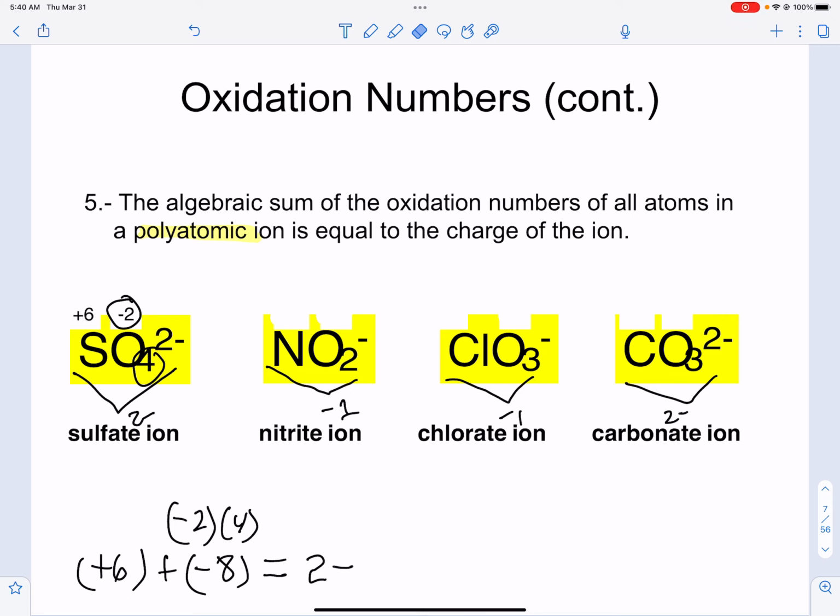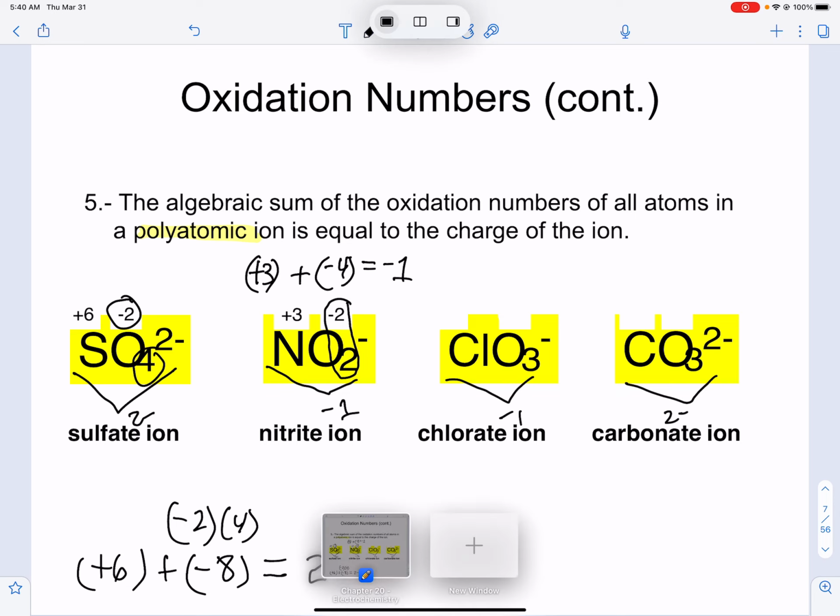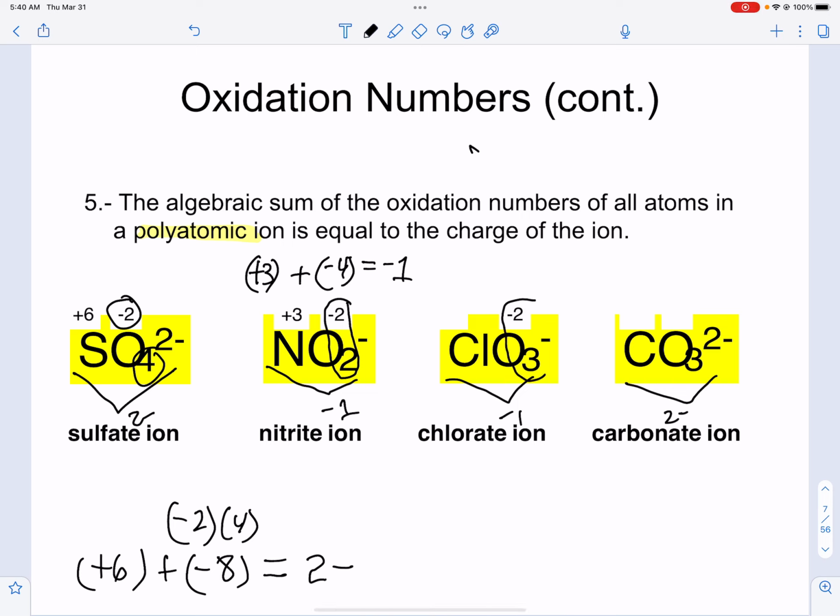And that's what we see here. Sulfur is going to be plus 6. What about here? Oxygen is minus 2. There are 2 of them, so that's minus 4. All combined is going to have to be minus 1. So the nitrogen will have to be plus 3. And that's what we get. The next one, oxygen is minus 2, but there are 3 of them, so that's minus 6.